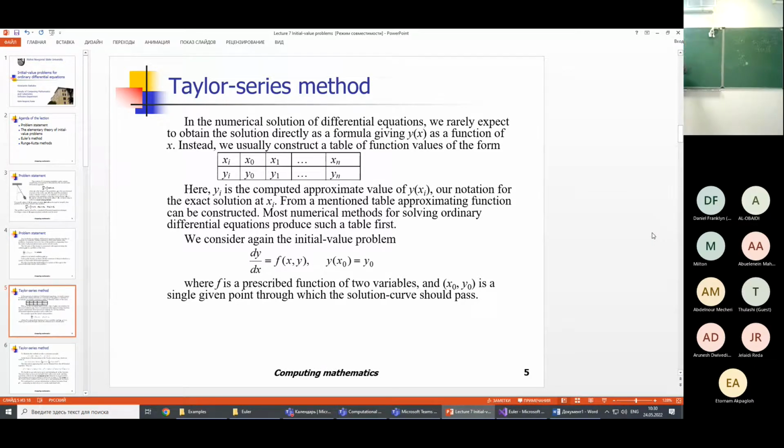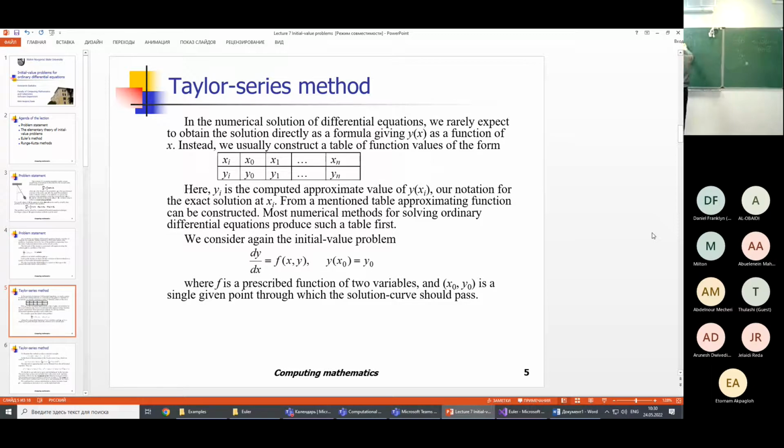After that, we can take some given step and compute x0 plus step, and we take this point as x1. After that, x1 plus some step h, and we compute x2, and so on. So the values of x can be computed very simply.